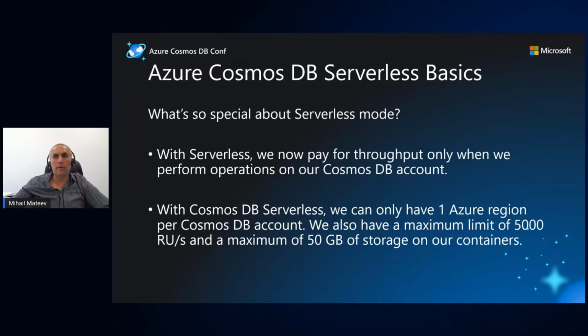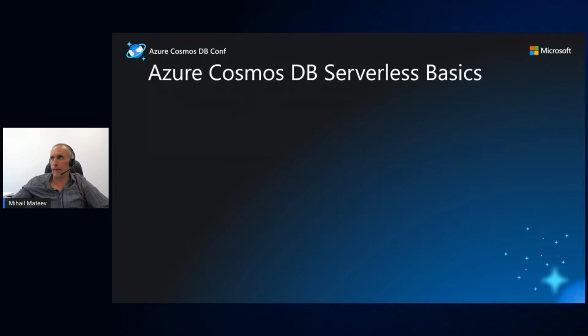It is possible to have only one region for a Cosmos DB account. Zone availability is possible. We have a limit of 50 gigabytes of storage per container, and our throughput cannot exceed 5,000 request units per second, but it is not something which we can change and specify.